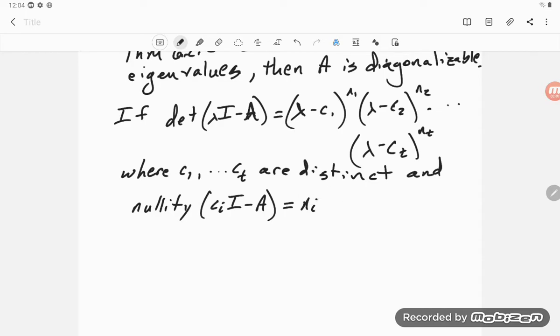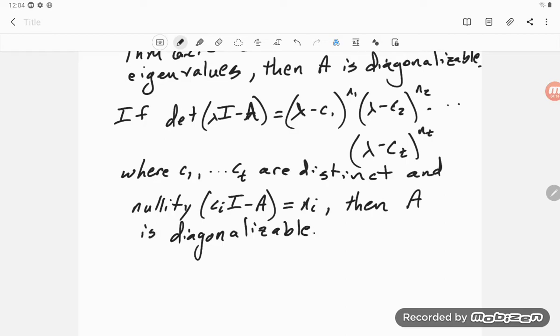If that's the case for each of them, then A is diagonalizable. That's what they're saying. Diagonalizable.